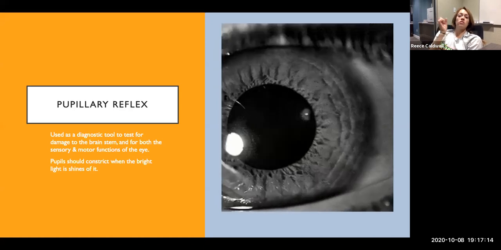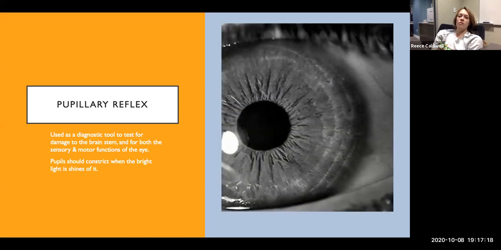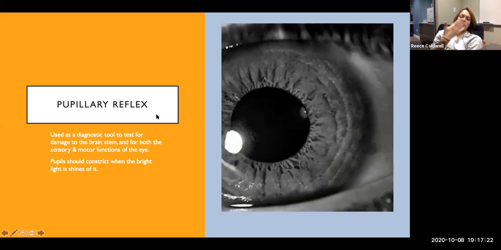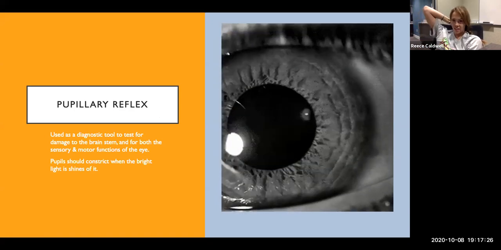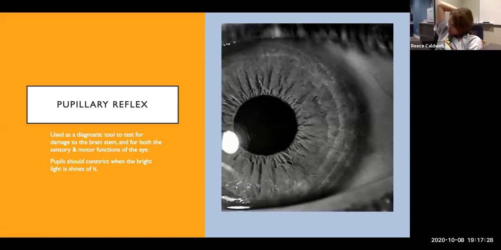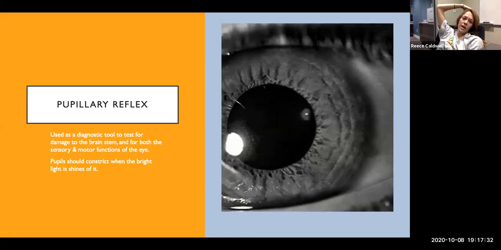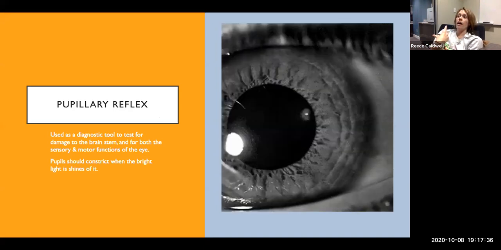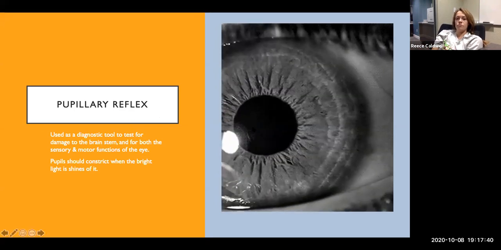If the pupils don't constrict, or they constrict just minorly or not much at all, that could indicate some type of damage to your brainstem, which is in the lower portion of your neck. So maybe if you've had a neck injury or if you go in to the doctor complaining about neck pain, they might check that pupillary reflex to see if you have some type of damage. So that's what they'd use that for.